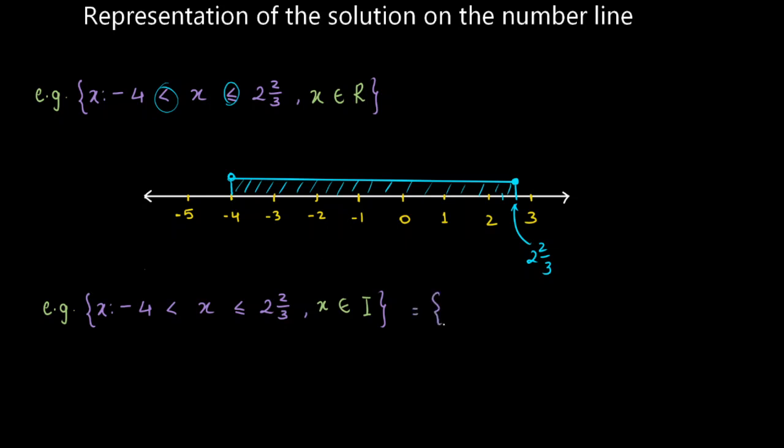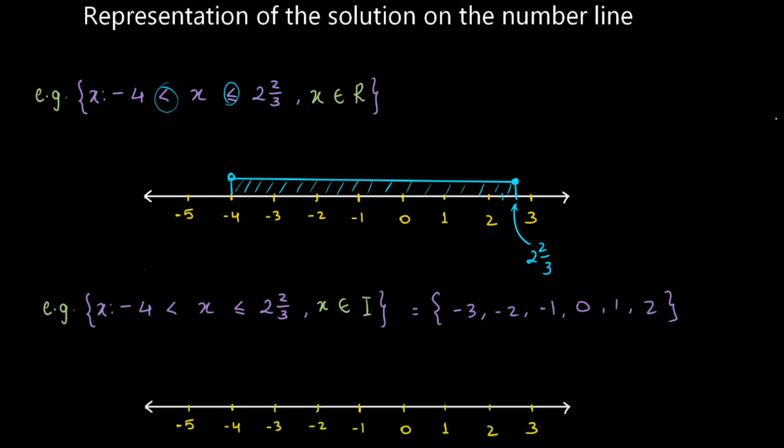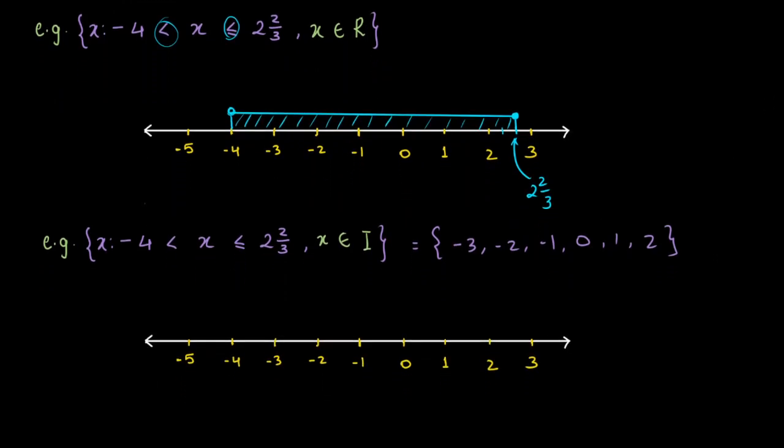Greater than -4, our integers are -3, -2, -1, 0, 1, and we have to be less than or equal to 2/3. So the integer value would be 2, because if I take 3, that will be greater than 2/3. So this here is my solution set, and those are the points I would want to mark on my number line.